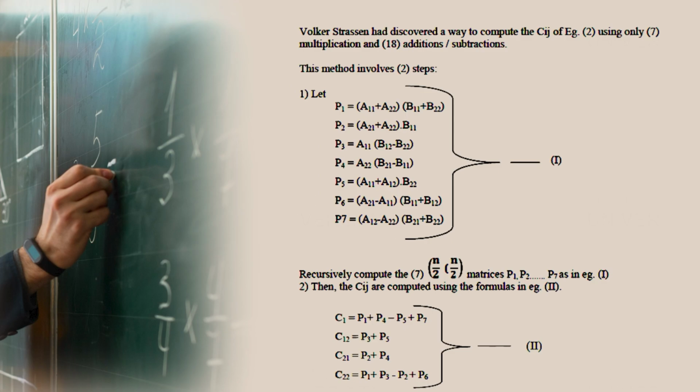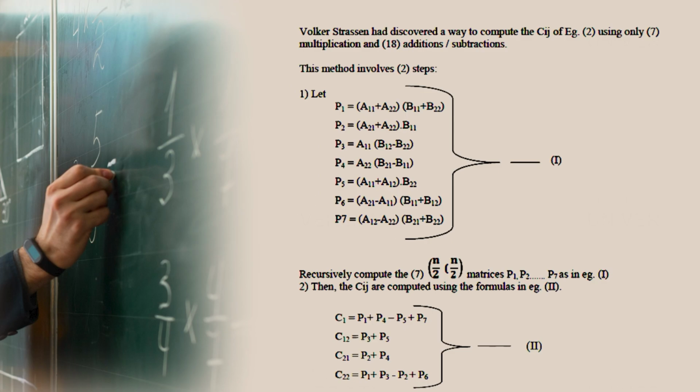So, the multiplication work that was 8 is reduced to 7. Now, when you solve the recurrence relation 7T(n/2) plus theta of n squared, you will get n raised to the power 2.81, which is less than n raised to the power 3.